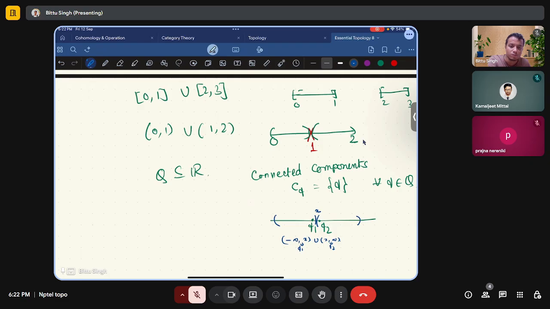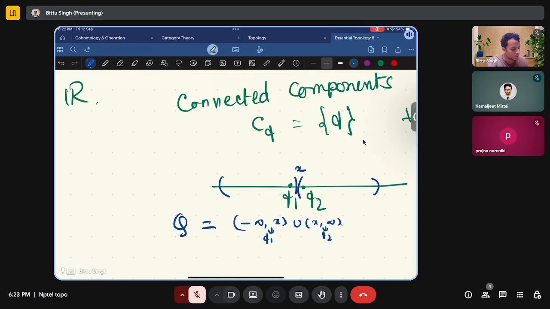Because you can see those two are disjoint, so those two form a partition for this Q. So Q can be written as this, and q1 belongs to the first part.